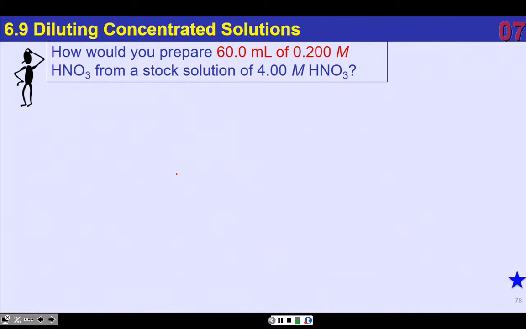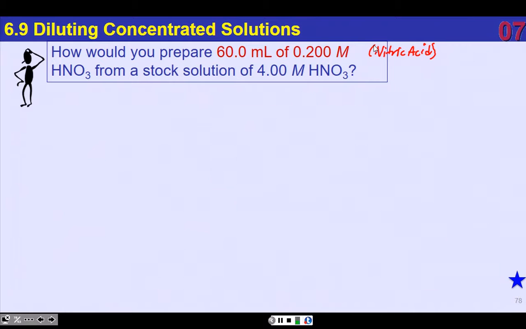Okay, let's do another one that's similar but not the same information, not the same example. And we're going to prepare 60 milliliters of 0.2 molar HNO3, that's called nitric acid, from a stock solution of, I'll write the name for you, of 4 molar nitric acid. All right, so same thing we need to do as always.